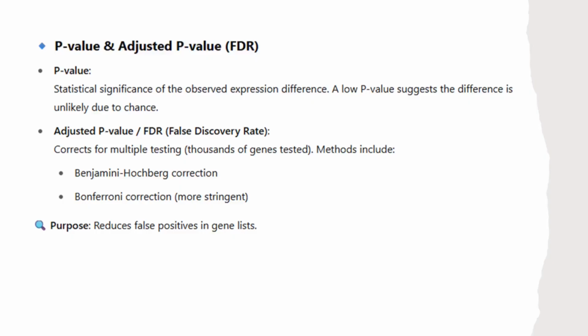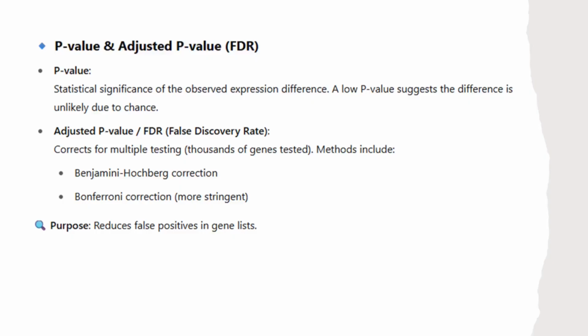To control for false discoveries, methods like Benjamini-Hochberg for FDR and the Bonferroni correction for family-wise error rate are commonly used. The main aim is to reduce the false positive rates while identifying truly significant genes.